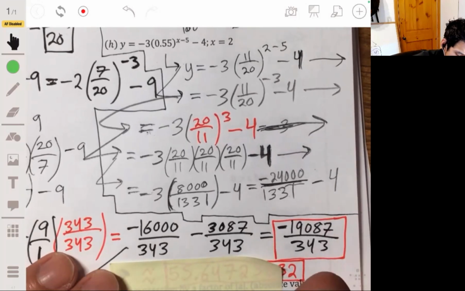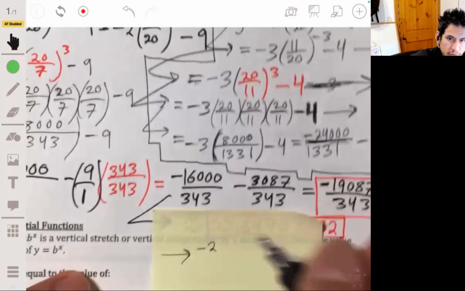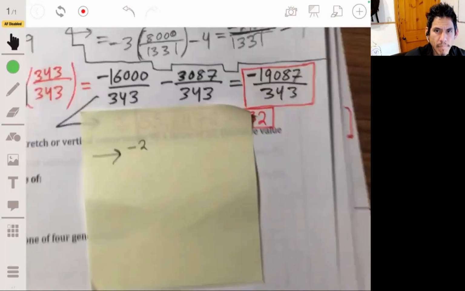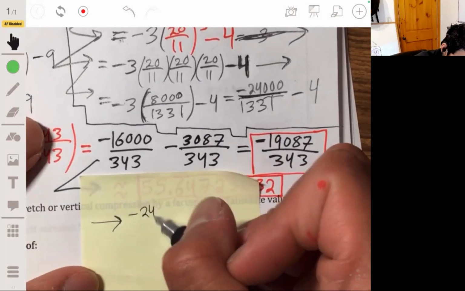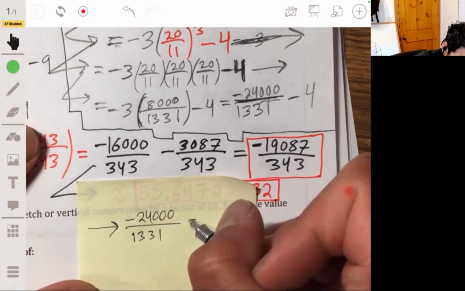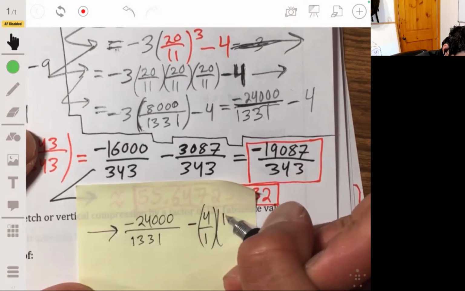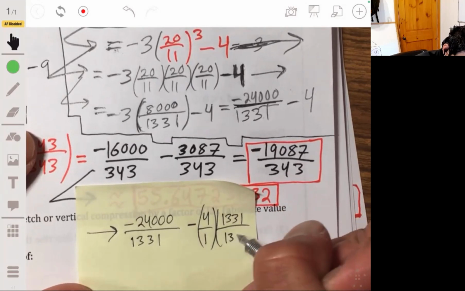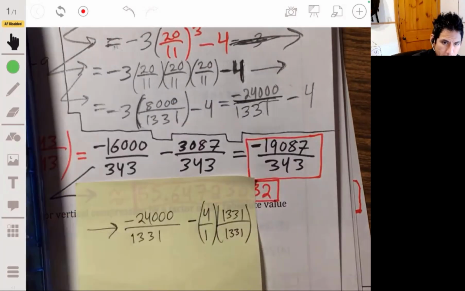So carrying on. Whoops, there we go. So carrying on to here, negative 24,000 over 1331 minus 4, remember 4 over 1, times 1331 over 1331. 4 times 1331, 5324.